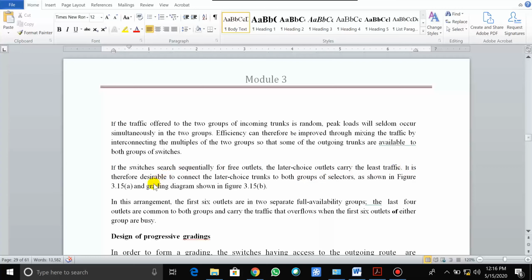It is therefore desirable to connect the later choice trunks to both groups of selectors as shown in the diagram. In this arrangement, the first six outlets are in two separate fully available groups. The last four outlets are common to both groups and carry the traffic that overflows when the first six outlets of their group are busy.